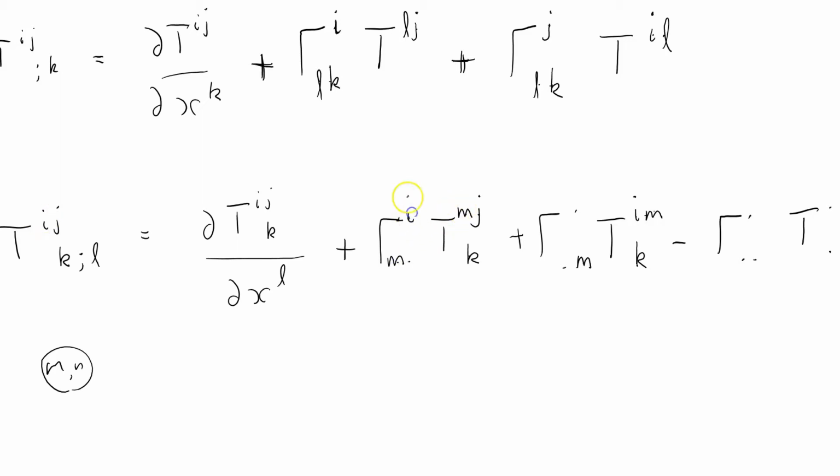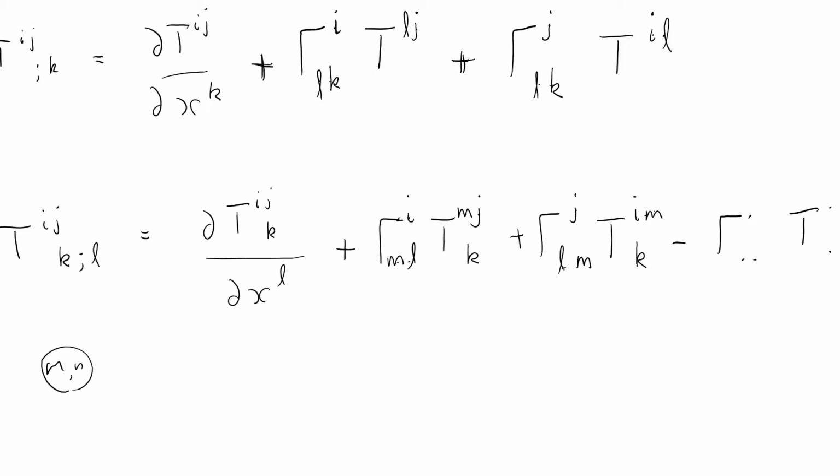I've got an I here. That must be a J. And on the bottom I've got K, which has appeared there, so I've got an L here and an L there. I think that's right.